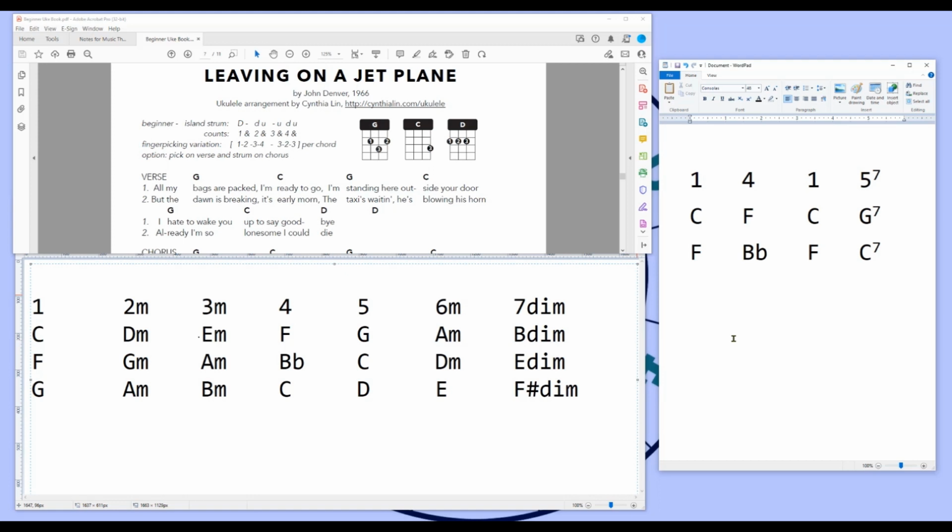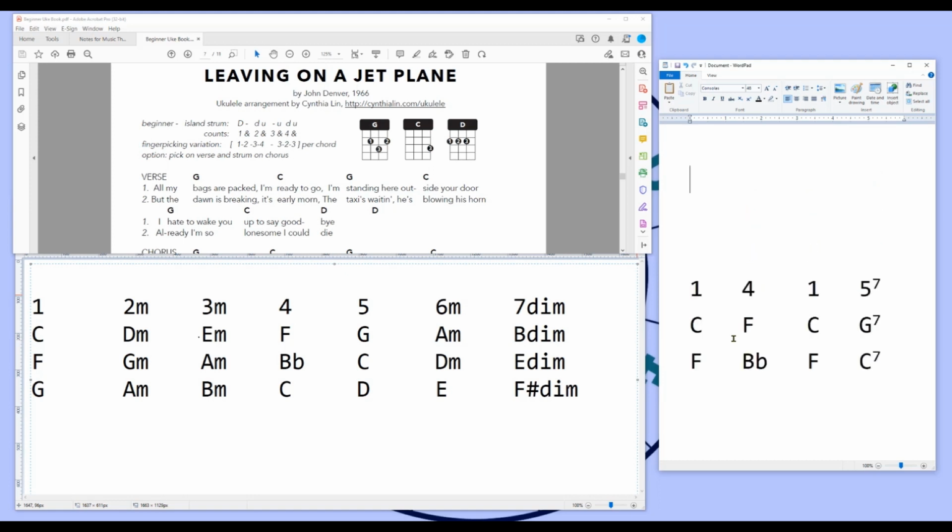In the key of G, the G is a 1. And the C, look at that, is a 4.